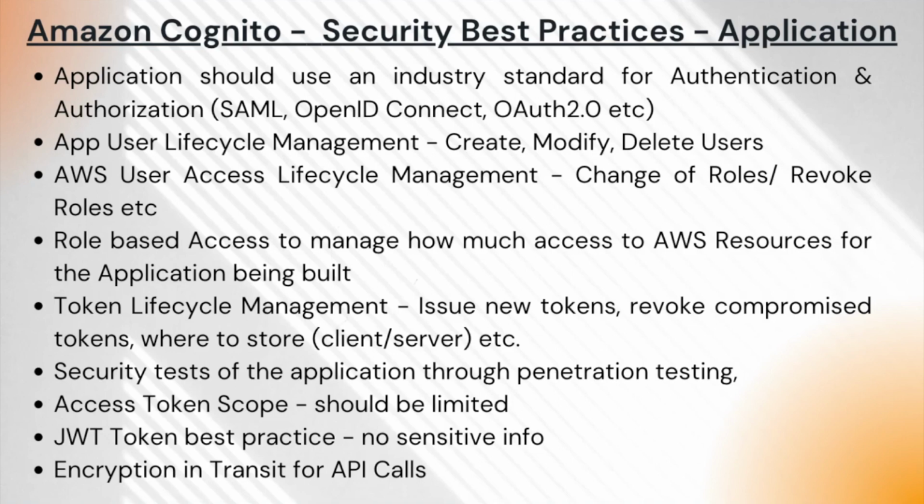Another thing you could be doing for the application that you create is using industry standards for authentication and authorization. For example, we spoke about OpenID Connect, OAuth 2.0, SAML, and a lot more, not just the standard username and password. These days, there are a lot more industry standards that are available for you to have an understanding that, yes, I have done the right thing by the customers. I am using an industry standard. So this industry standard protects me from making a mistake in my own custom username and password that I might have created.